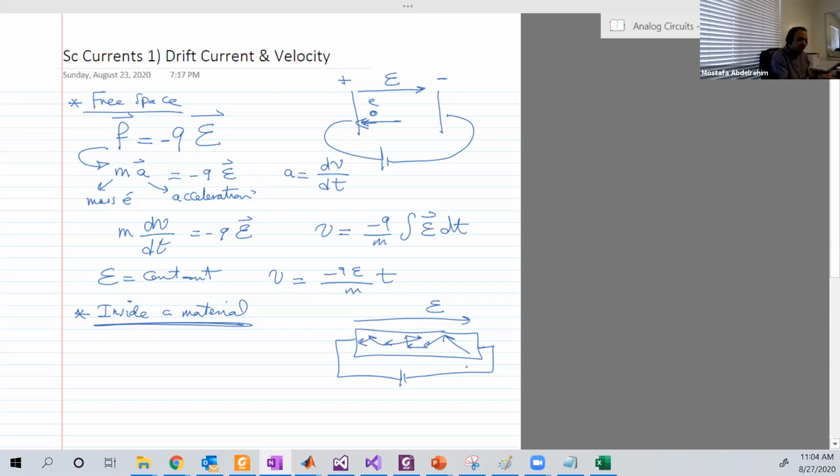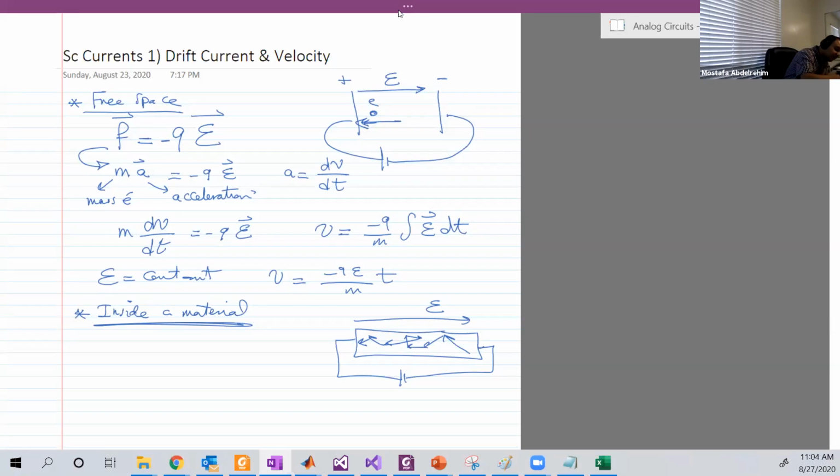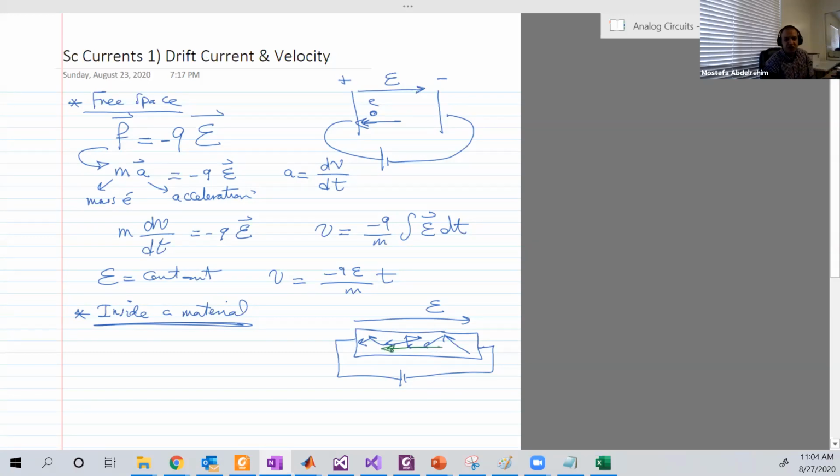So if these are vectors and you combine them, trying to add them to each other, you will find a net velocity in that direction. Just like this guy. Okay? So why does it move in that way?